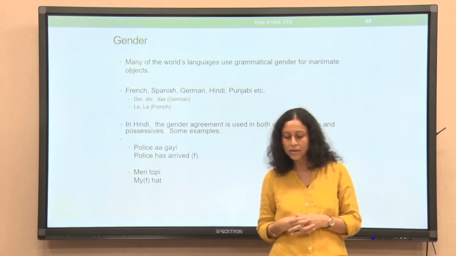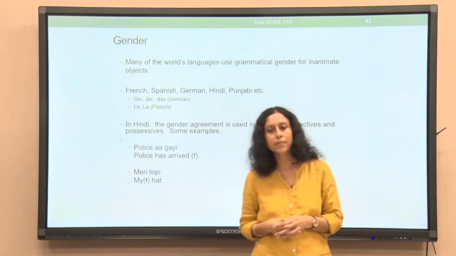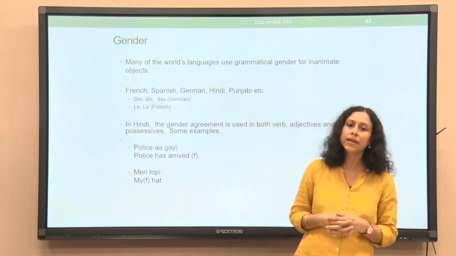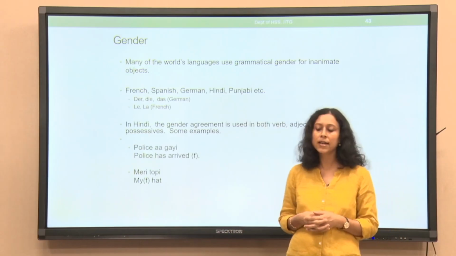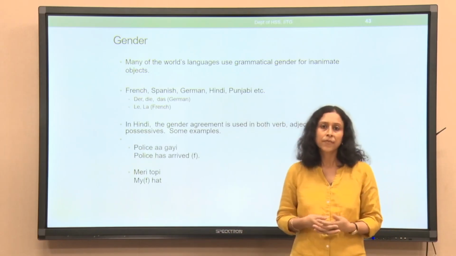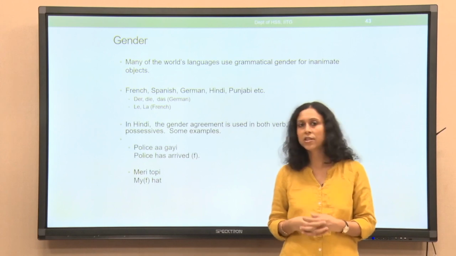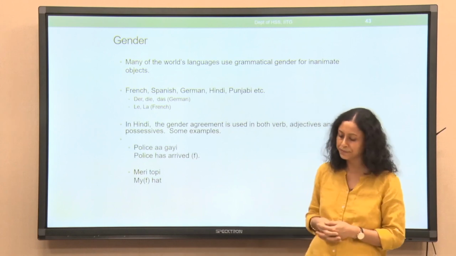Some languages of this type are French, Spanish, German, Hindi, Punjabi and so on. What does it mean? It means that objects, something like a chair, a table, a fan and a house and so on, will have a gender assigned to them. Each of them will be either feminine or masculine.